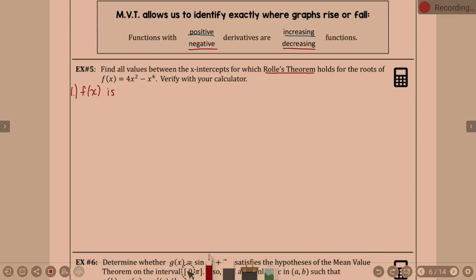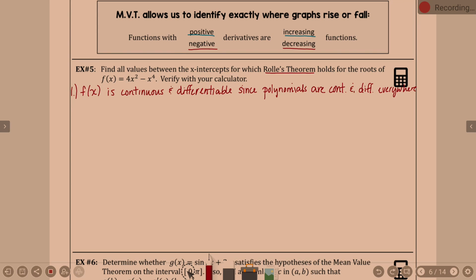F of x is continuous and differentiable since polynomials are continuous and differentiable everywhere.